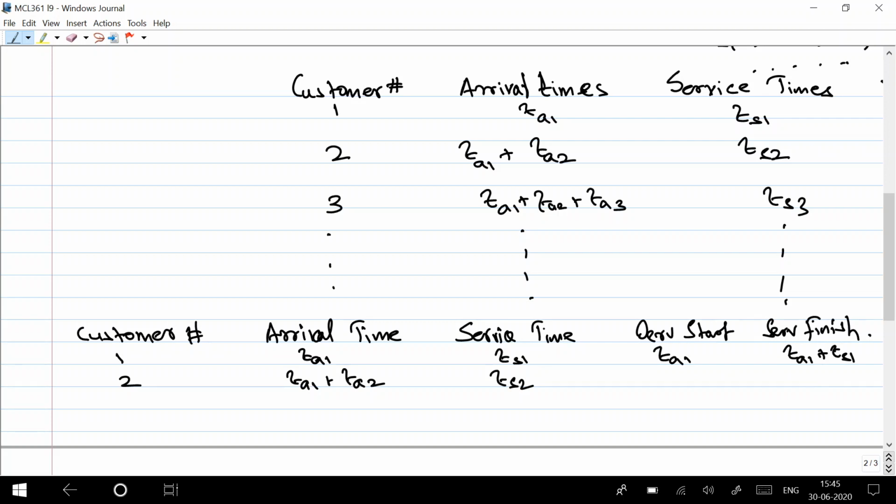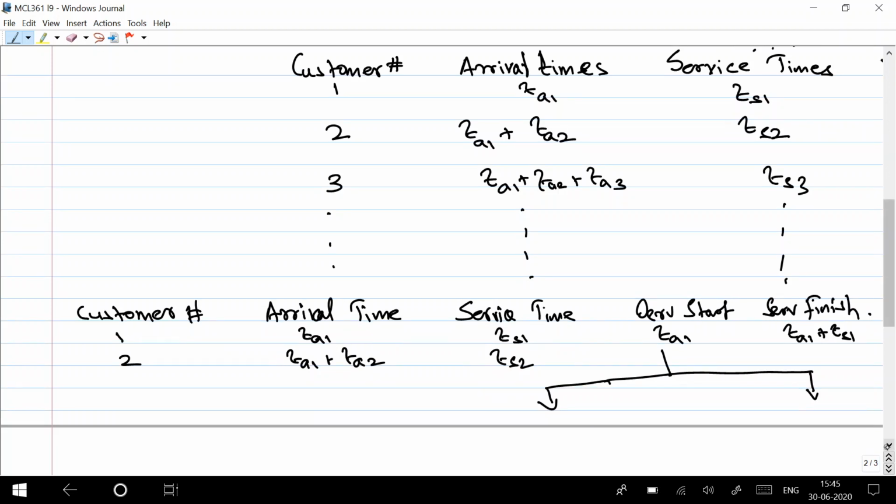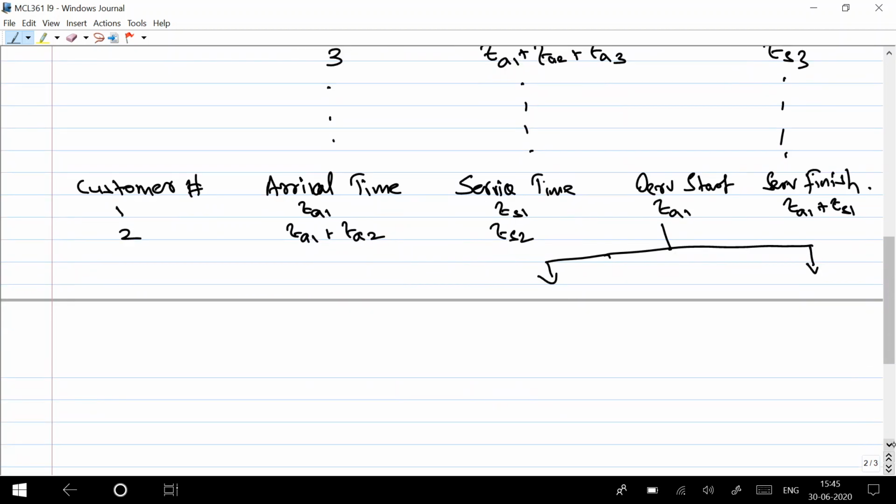So I'm just going to write that down. For service start, I'm just going to write down the condition. You have to perform this check. If TA1 plus TS1 is less than TA1 plus TA2, what does this mean?